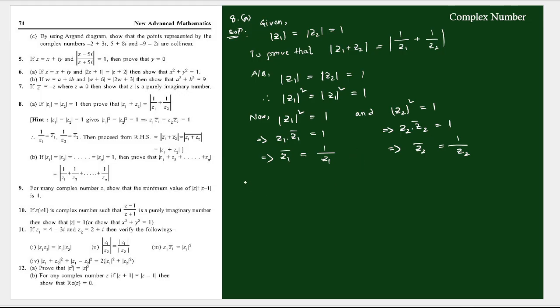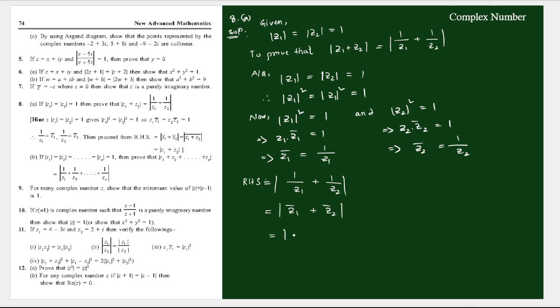Now the left hand side, right hand side, you write down. Modulus of the right hand side equals modulus of 1 by z1 plus 1 by z2. So 1 by z1 is nothing but your z1 conjugate, and 1 by z2 is nothing but your z2 conjugate.